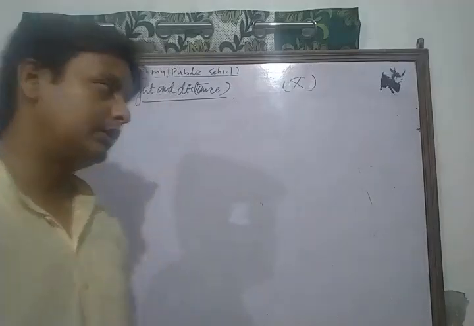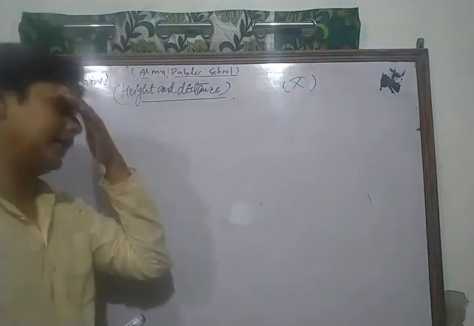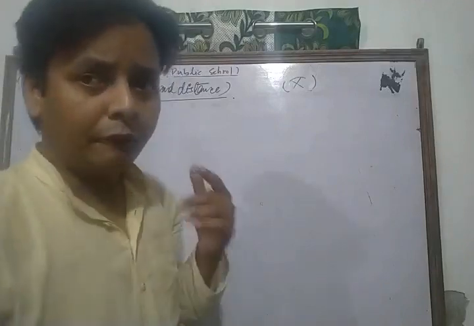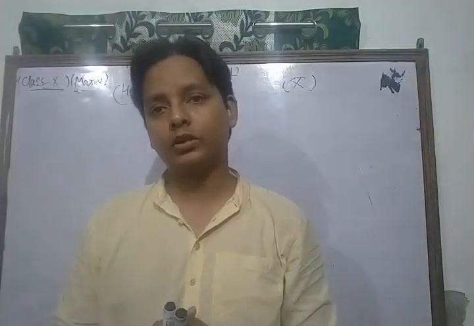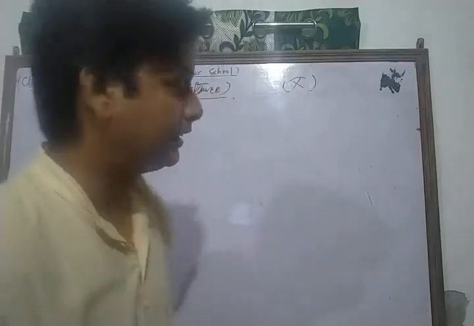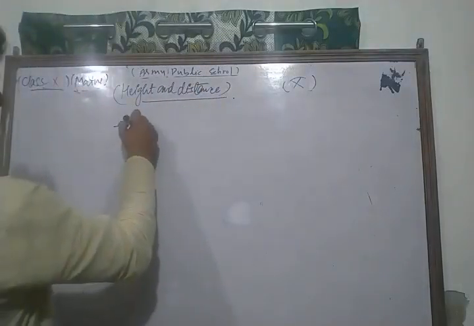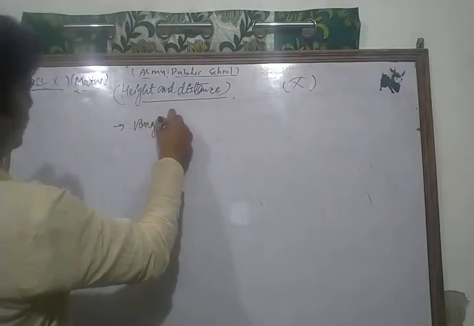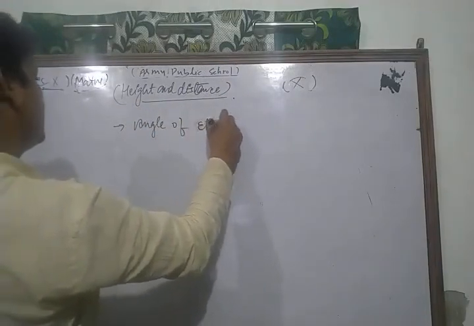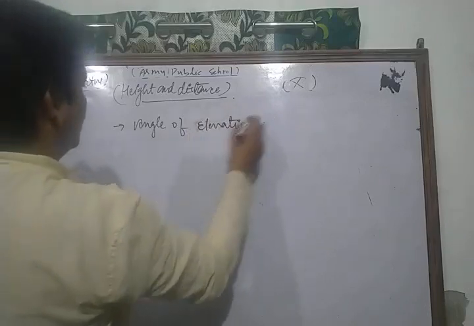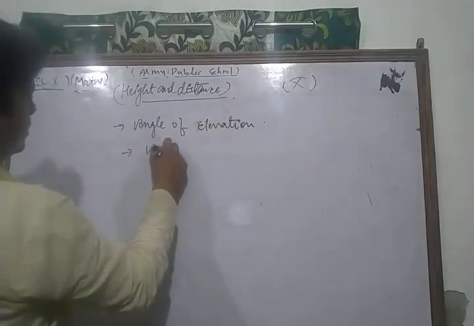So before discussing the questions based on height and distance, first of all we discuss the two most important angles related to that chapter. First of all, the angle of elevation. Second one is what?